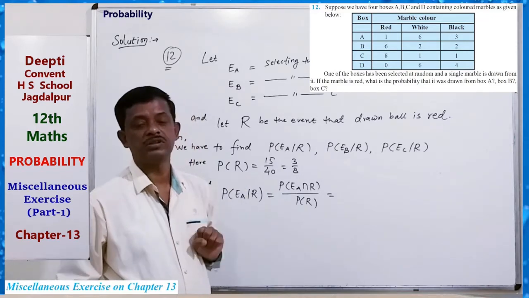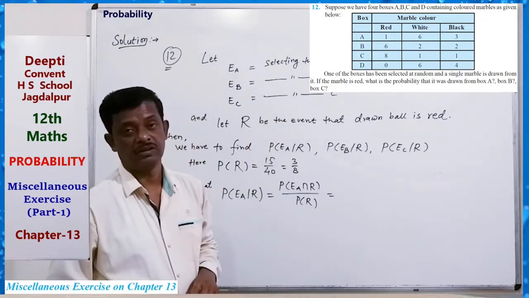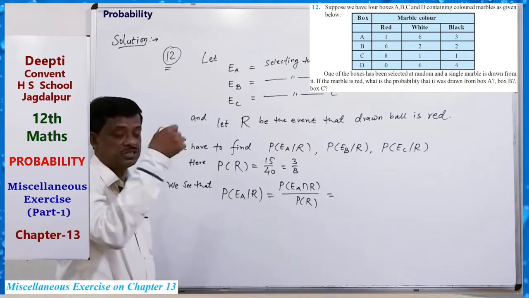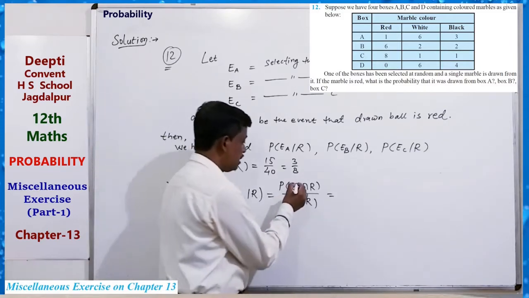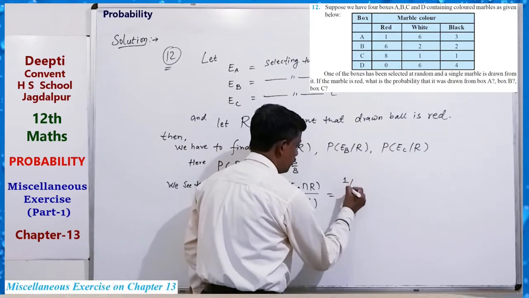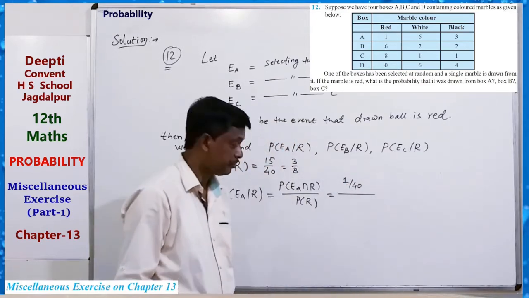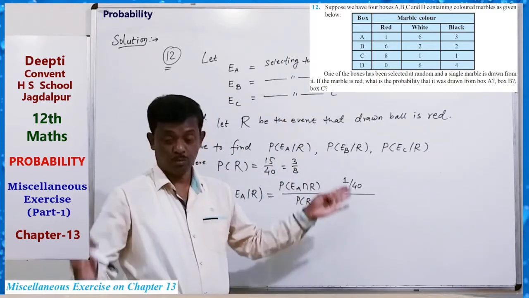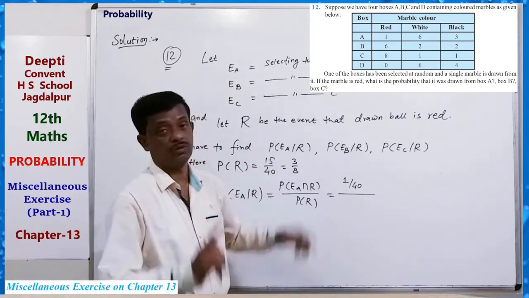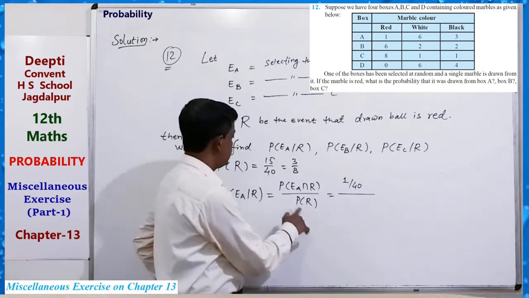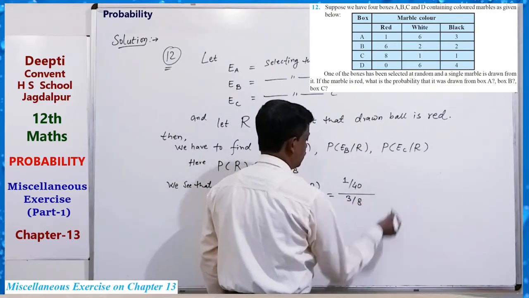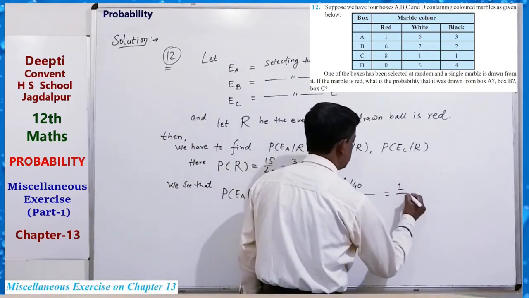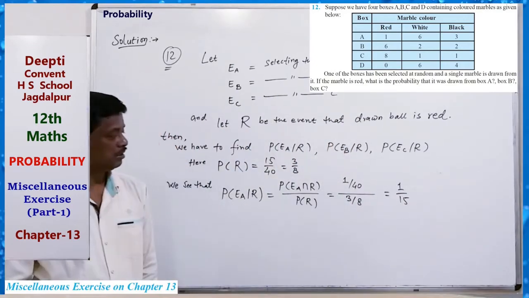Total balls are 40. So P(EA intersection R) equals 1 by 40, because box A contains only one red ball, and total balls are 40. P(R) is 3 by 8. So we can write 1 upon 15.